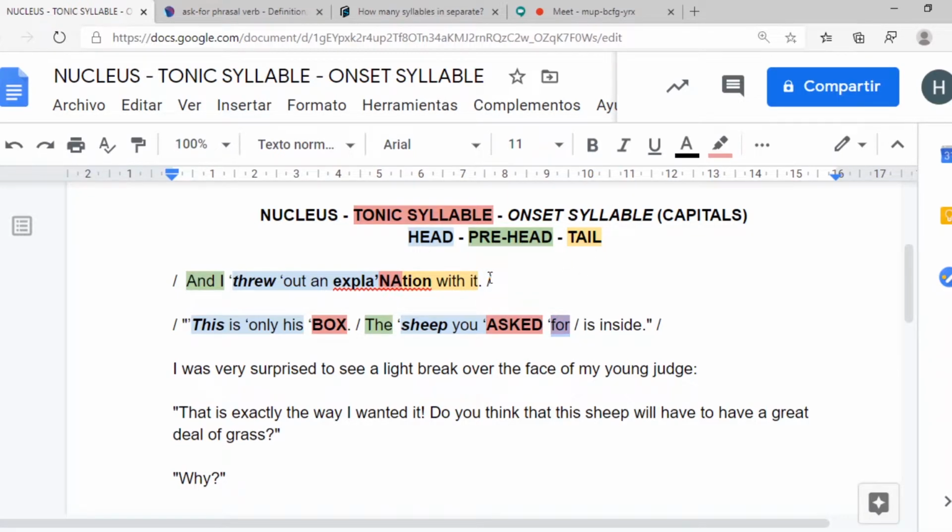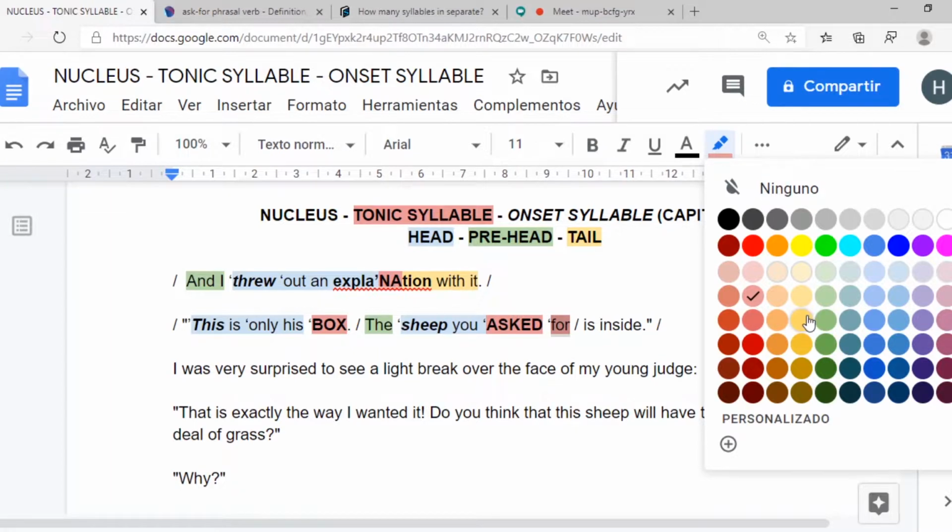It doesn't matter if this word is stressed, this is your tail in this case.